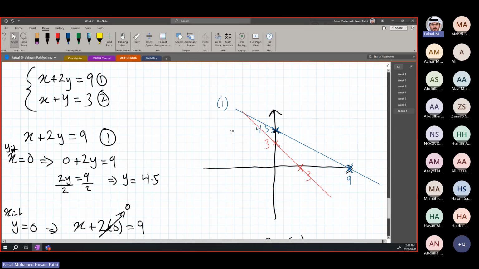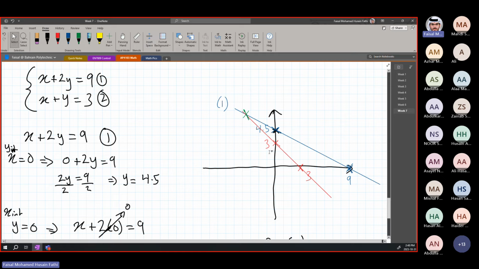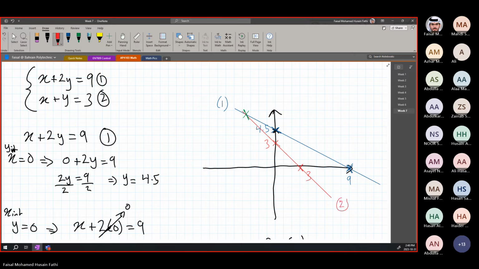If you notice, the intersection point is happening over here. This is the intersection point, where line 1 and line 2 meet. This is line 2. We extend line 2 a bit more, approximately until here, this is line 2.